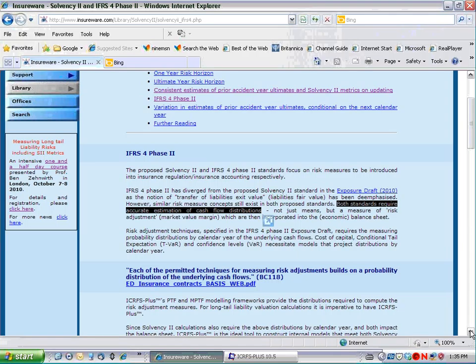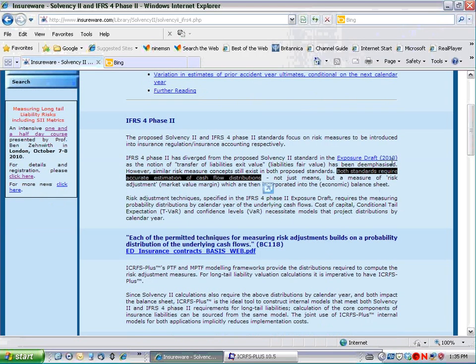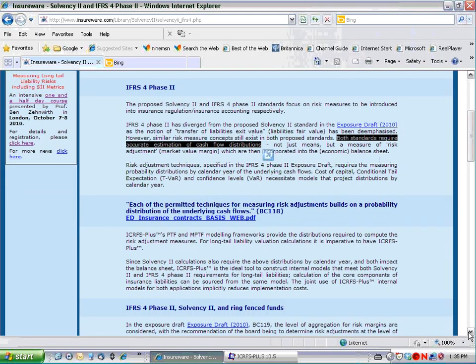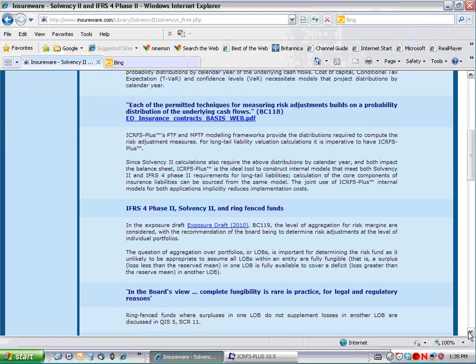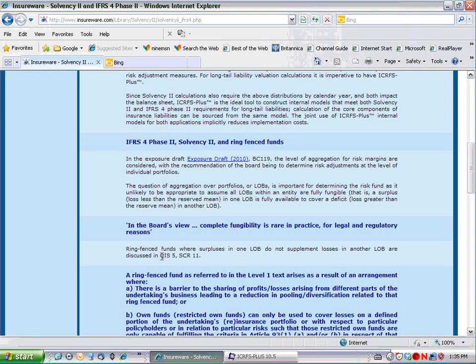And returning again to this exposure draft 2010, there is a mention that each of the permitted techniques for measuring risk adjustment builds on a probability distribution of the underlying cash flows. The concept of fungibility also comes into QIS 5, SCR 11.